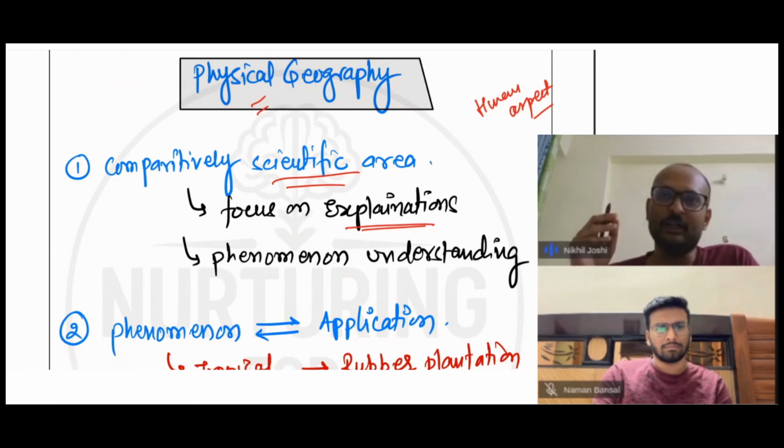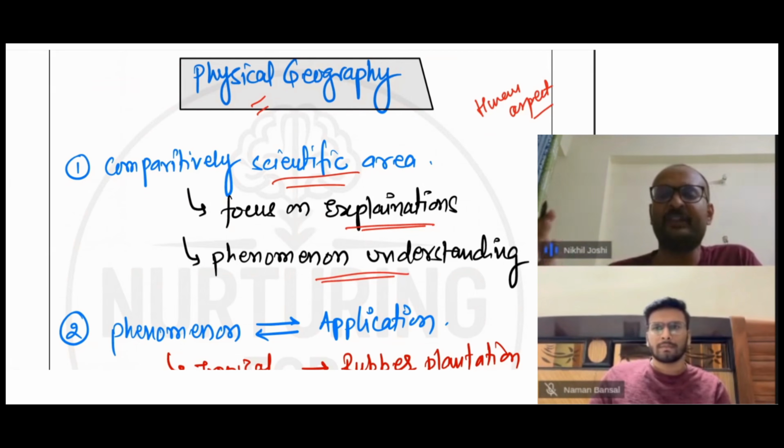Also, since the explanations are scientific, greater focus is laid on how you understand the phenomenon. There will be n number of phenomena, particularly those given in the syllabus, like cyclones and tsunamis. Last year the question was on tsunamis. Before that there was a question on cyclones, and there could be questions on cloud bursts and avalanches.